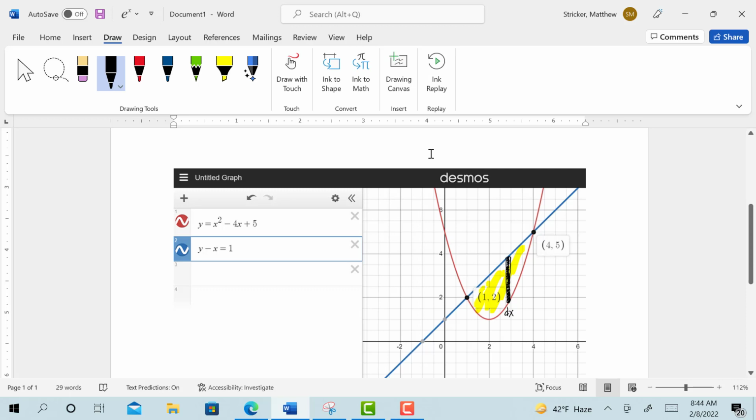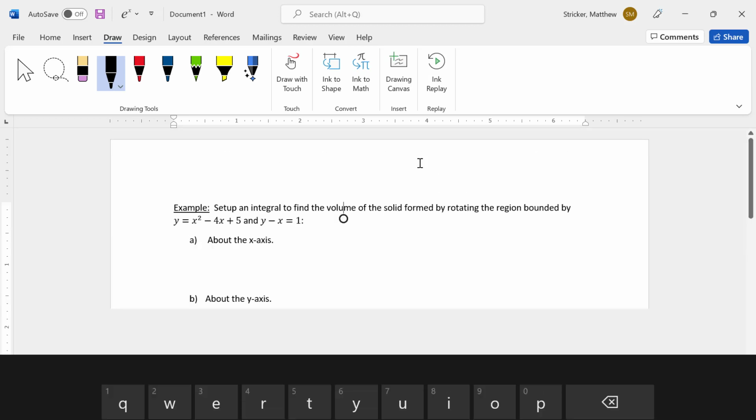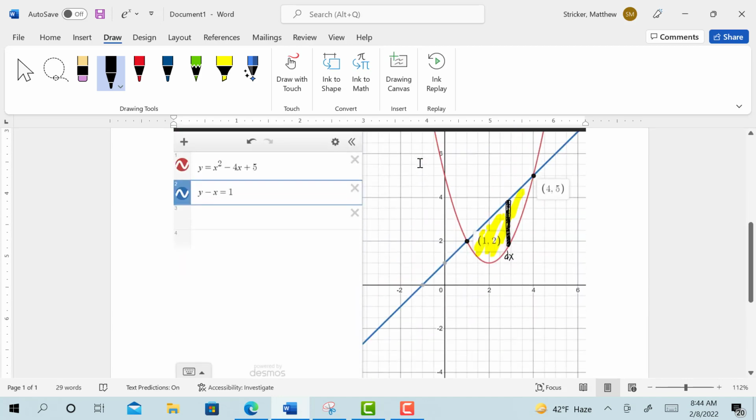Once you have that, determining whether to use shell versus disk washer comes down to remembering those two words we talked about in the section 2.3 video. They're not really words, they're made up words: parashell versus perpendicular.